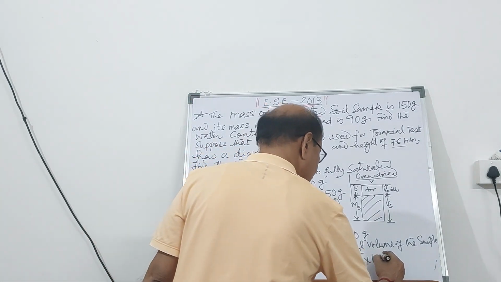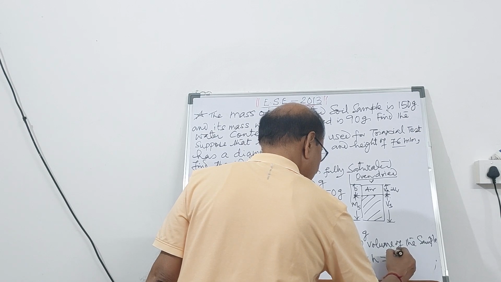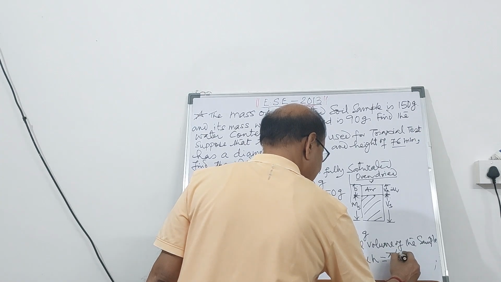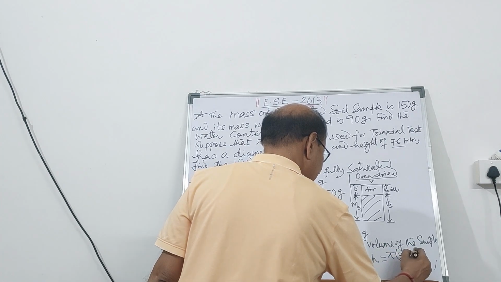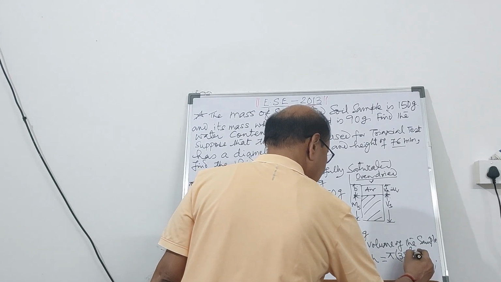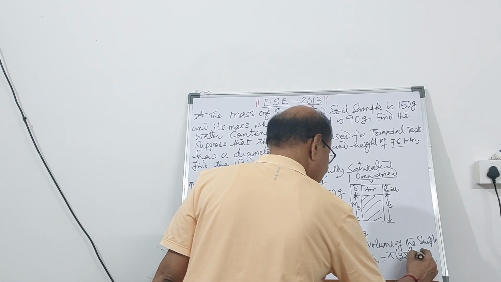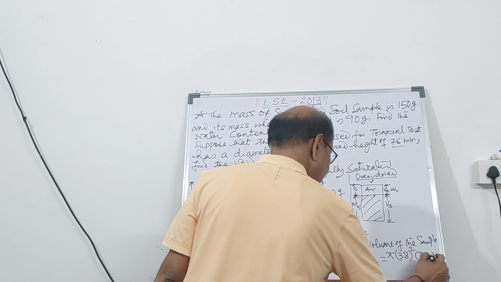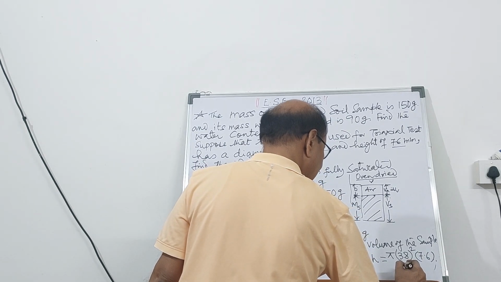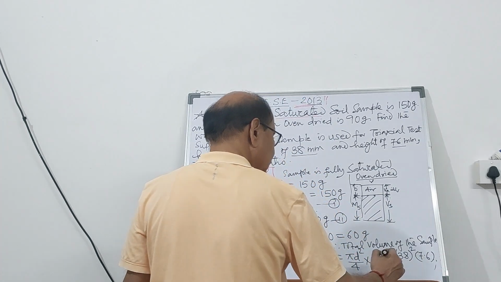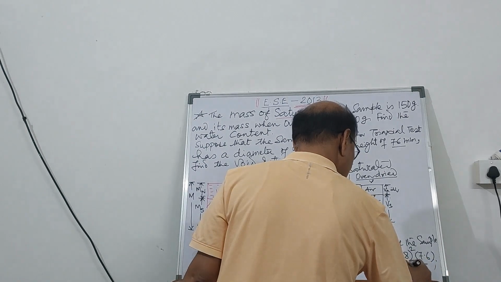So it becomes equal to pi, diameter is 3.8 centimeter whole square, into height is 7.6 centimeter, and divided by 4.